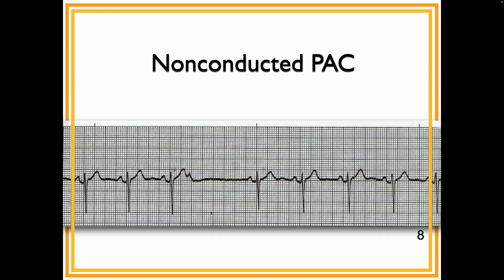The impulse just died, and it wasn't until the next sinus beat that it starts up again. So when you think there's a sinus pause or a sinus block, be sure to look at the last T wave prior to the pause to see if you can see a non-conductive P wave.